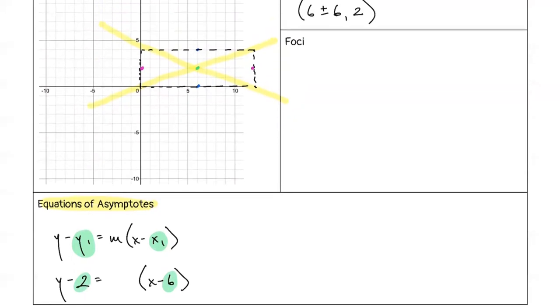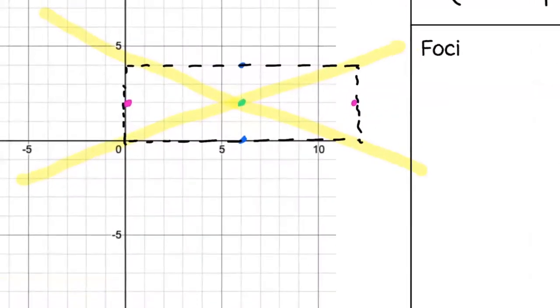Let me zoom in on this picture and let me have you count the slope for the asymptotes. All right, let's make sure that's a skill that we feel comfortable doing. Looks like we've got a 2/6 or a 1/3. Anyone else confirm that?